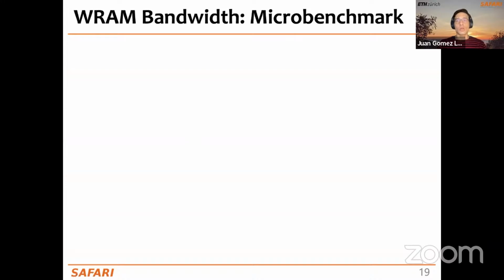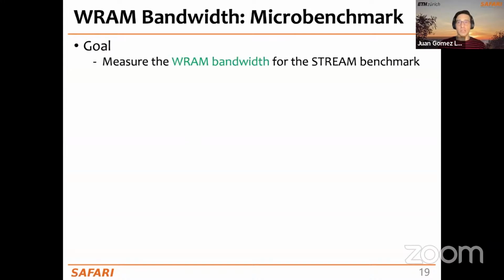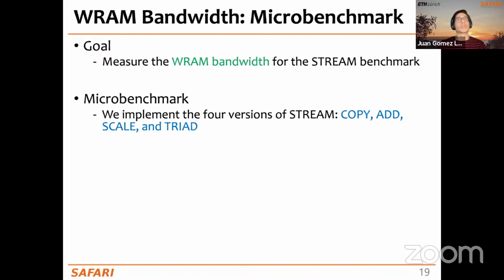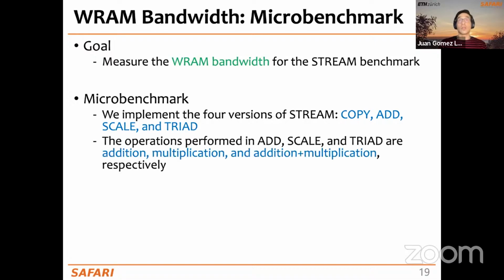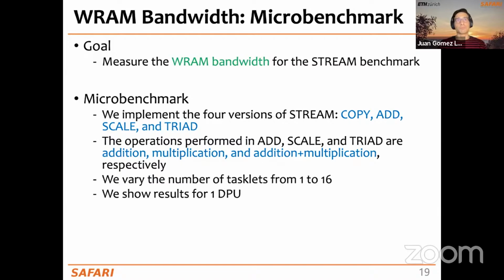To do so, we define a new microbenchmark that resembles the popular STREAM benchmark. We are going to present the STREAM benchmark in the next slide. STREAM has 4 different versions: copy, add, scale, and triad. The operations performed in add, scale, and triad are addition, multiplication, and multiplication plus addition, respectively.